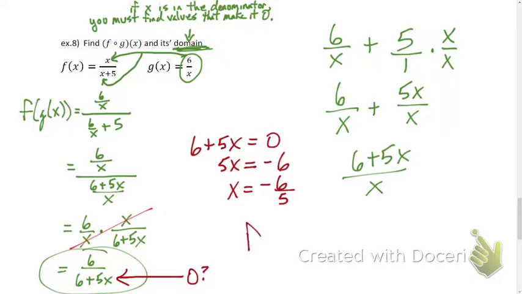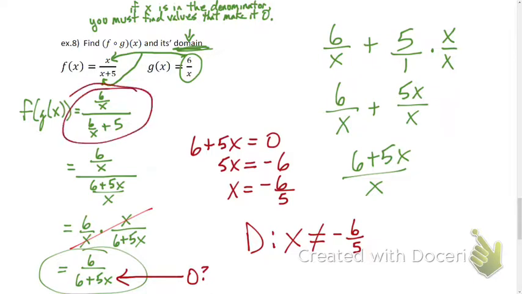And now you know. If I was to plug in -6/5, I would get 0. So for my domain, I need to limit it. X is not allowed to equal -6/5. But there's one more value. We crossed it out, so it's hard to remember to check for it. But in the original function, right here, is there another number I can plug in that would cause the denominator to be 0?